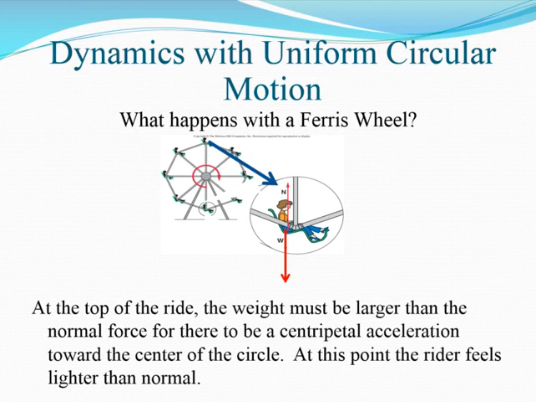So what happens when you get to the top is that if the ride is tuned just right, you won't be in contact with your seat. There will be no normal force. So you will feel significantly lighter at that point.